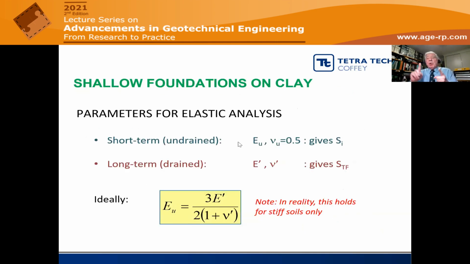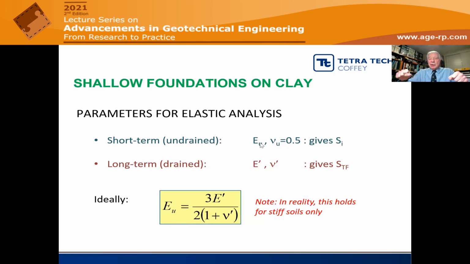Now, very importantly, when you're using elastic theory, it's important that you recognize that there are at least 2 values of modulus or sets of moduli that you can use. The first of these is undrained modulus for foundations on clay.